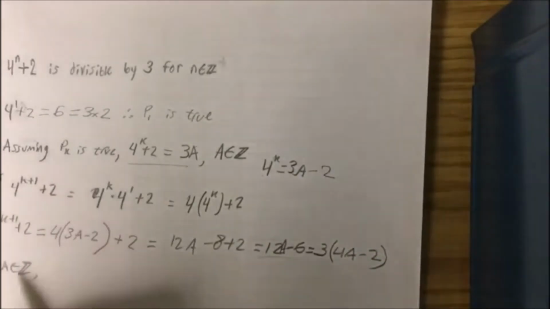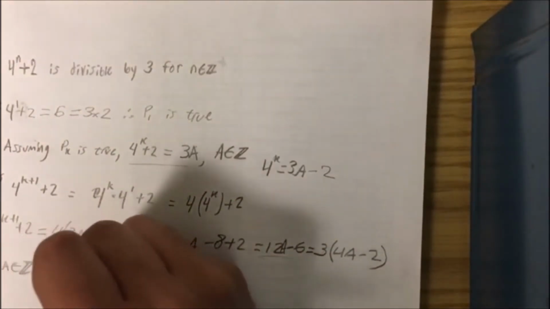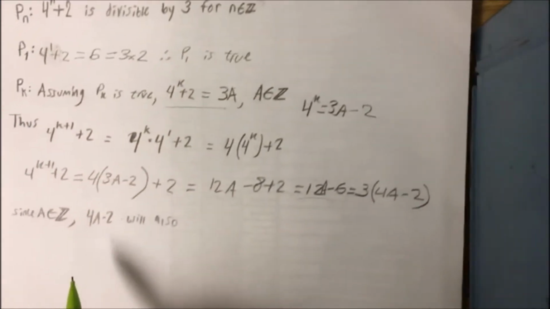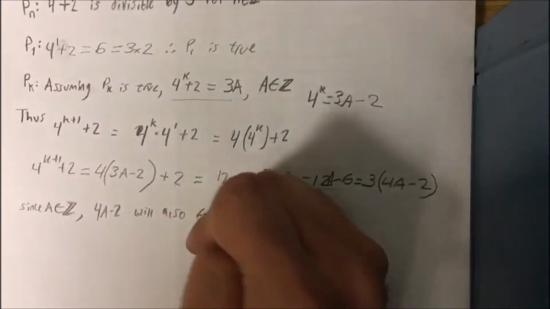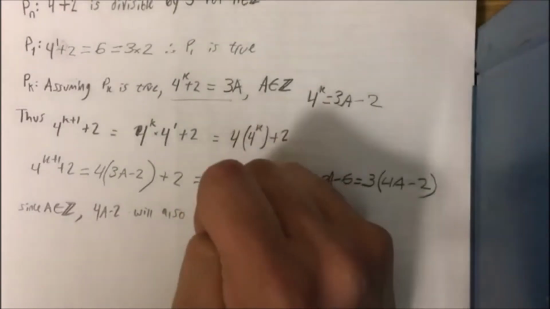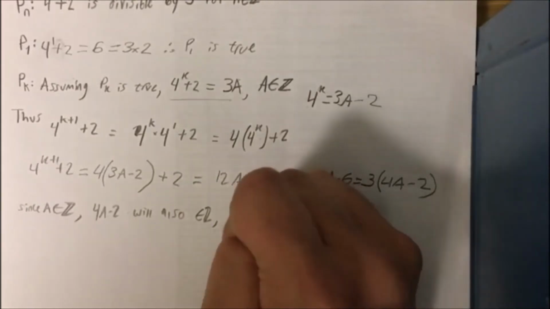Now, since a is an element of the integers, then 4a - 2 will also be an element of the integers. Therefore, P(k+1) is true.